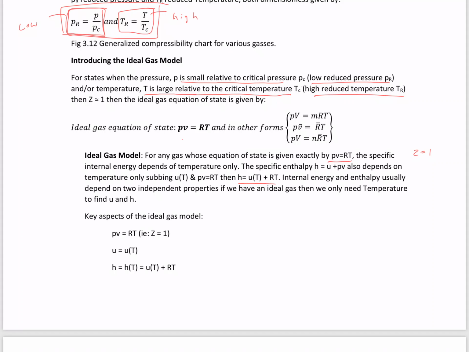Internal energy and enthalpy usually have two independent properties, but if we have the ideal gas, then we only need temperature to find them. So key aspects of the ideal gas model: PV equals RT, meaning that Z equals 1. U is a function of temperature only, not two variables, but just one. And enthalpy at a given temperature equals the internal energy at that temperature plus the gas constant for that substance multiplied by temperature.